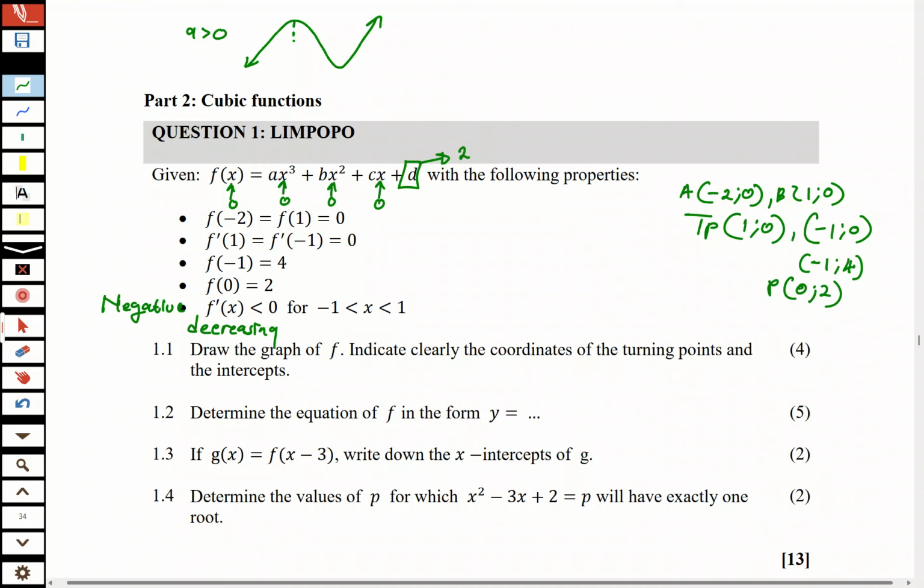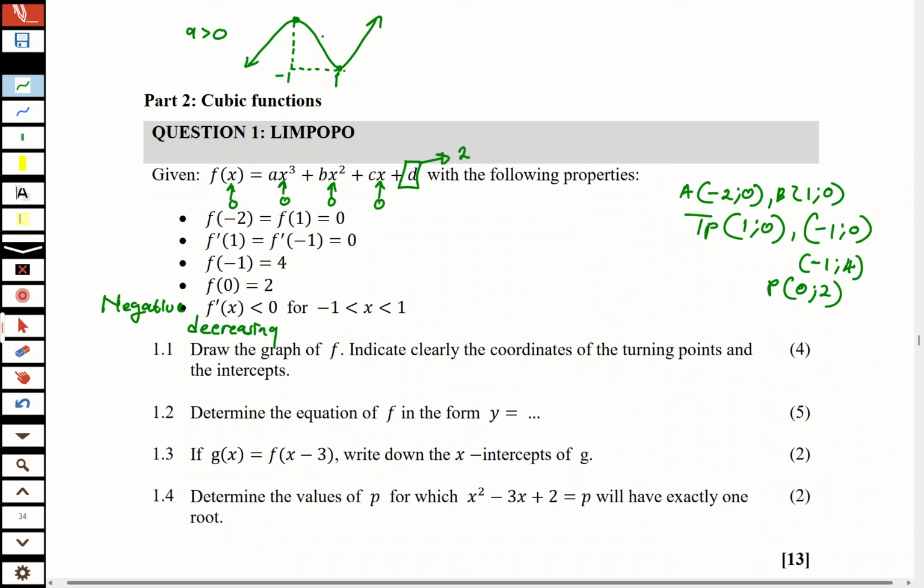So this is our turning point there, and we also have this turning point here. Between these 2 points, -1 and 1, our function is decreasing. You can see it is sloping downwards. So they're telling you now the gradient between these 2 points is what?